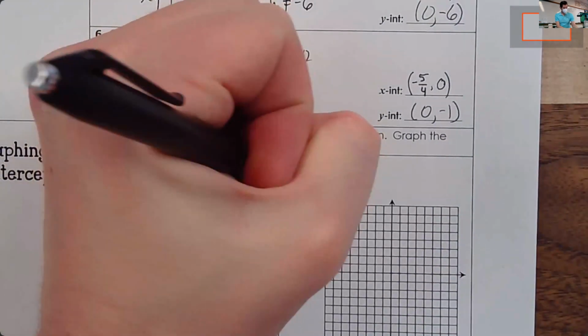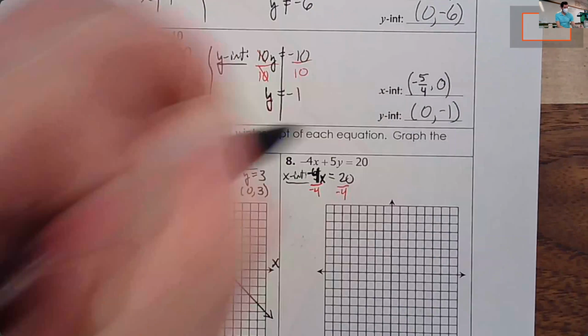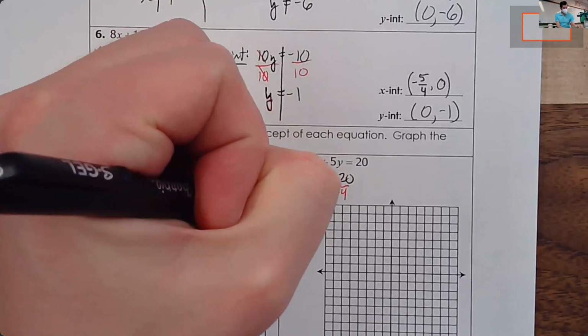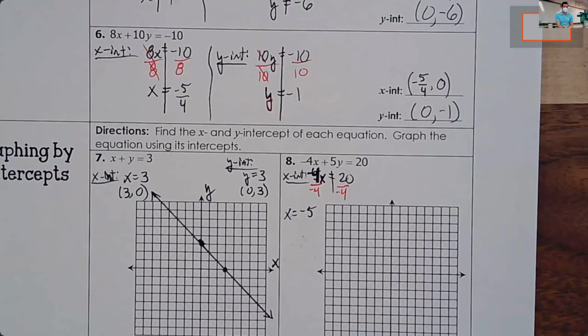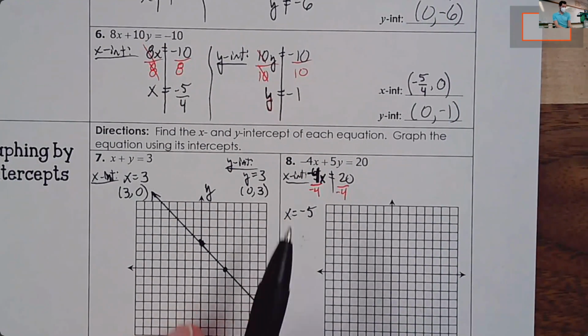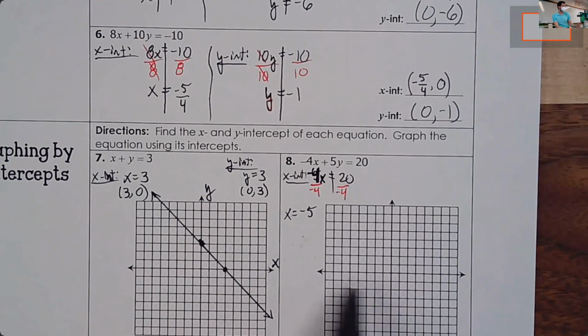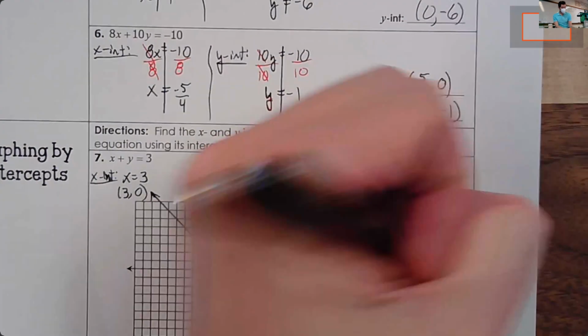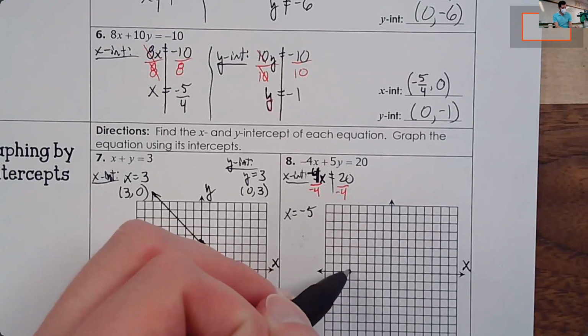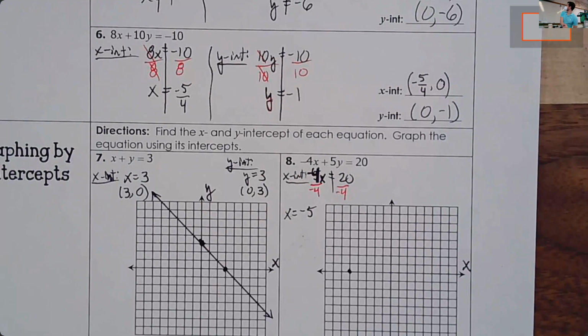Divide by -4. Good. So divide by -4, which means x equals -5. Now you can write (-5, 0) as your point, or you can just know that x equals -5 means I'm going 5 to the left on the x-axis because it's negative. So 1, 2, 3, 4, -5. There's the x-intercept right over there.